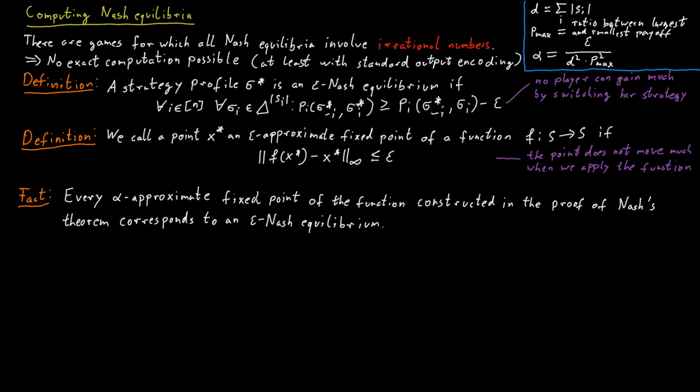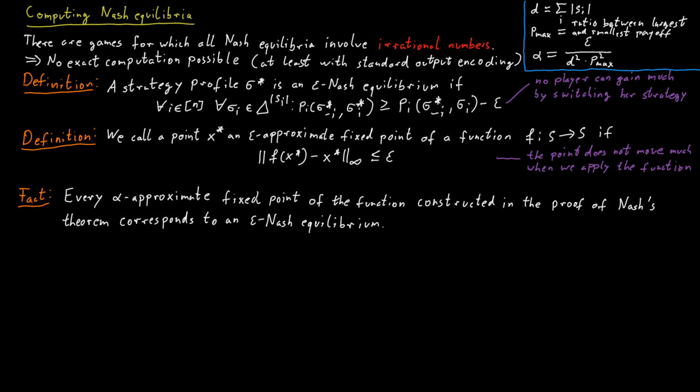Roughly speaking, we said that we can divide the domain of the function into increasingly smaller simplices. Every time, we can find at least one small fully colored simplex. And in the limit, the sequence of the fully colored simplices converges to a fixed point of the function.